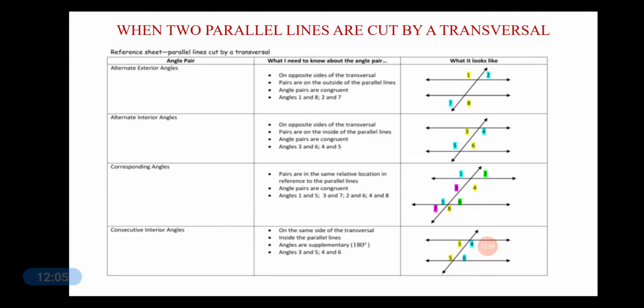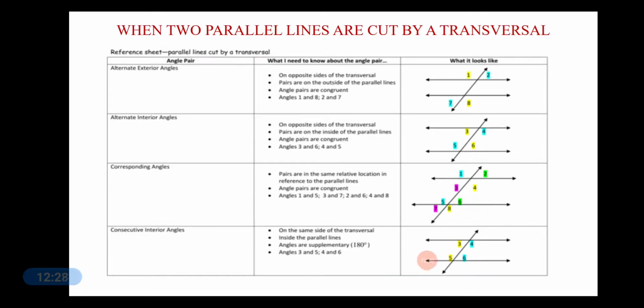But angle 4 will not be equal to angle 6. When you sum angle 4 and angle 6 together, you will get 180 degrees. So the sum of angle 4 and angle 6 is equal to 180. Similarly, the sum of angle 3 and angle 5 is also equal to 180 degrees.